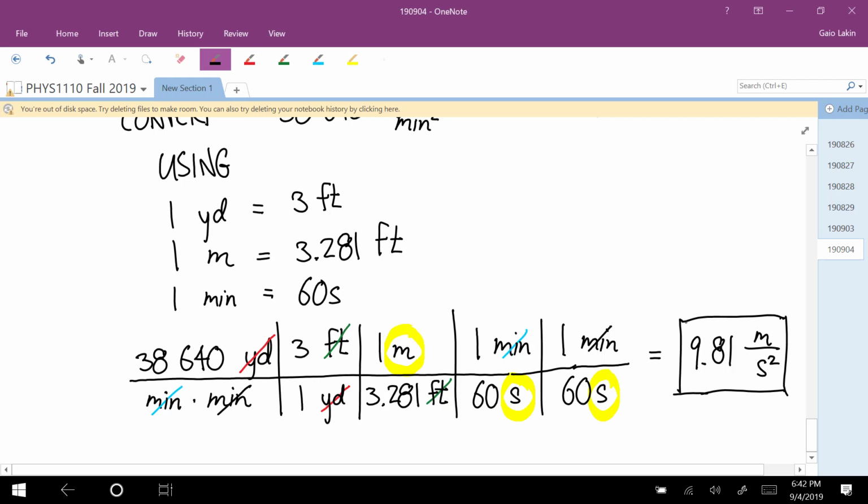That is the acceleration of objects in free fall. And you're like, well, what objects? It doesn't matter because no matter what the weight of the object is, if we ignore the effect of air resistance, everything falls the same, everything accelerates the same due to gravity.